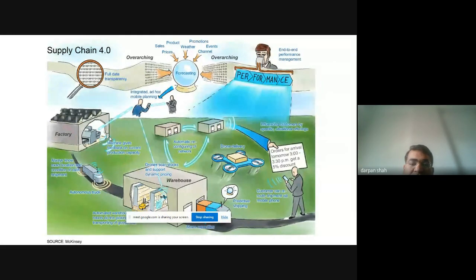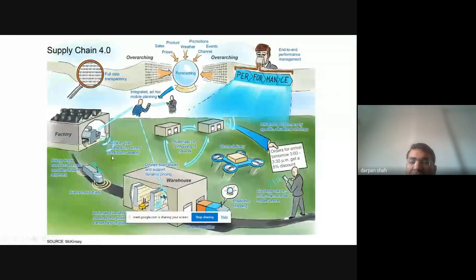where, as you can see, going forward, drones will also be used for the supply of parts and components, along with autonomous trucks, so that there is no manual intervention and the time is fixed.